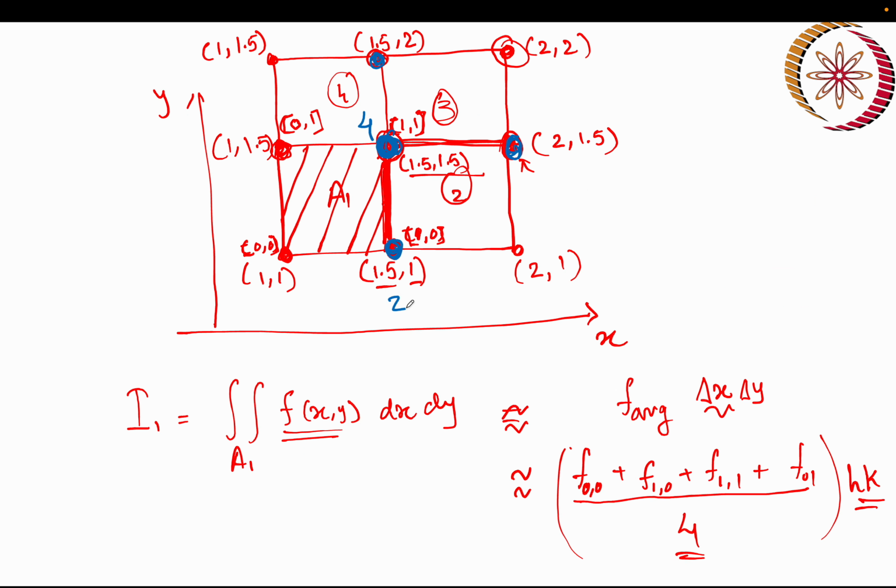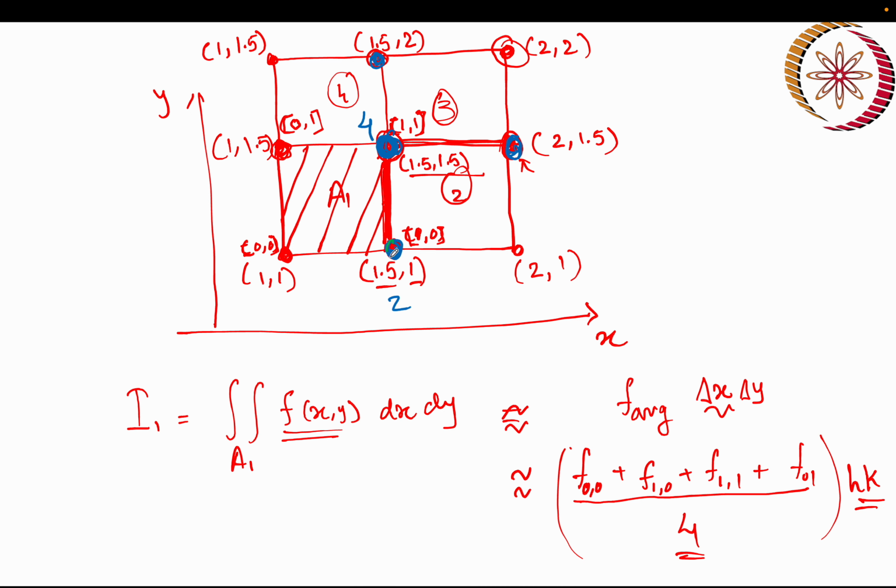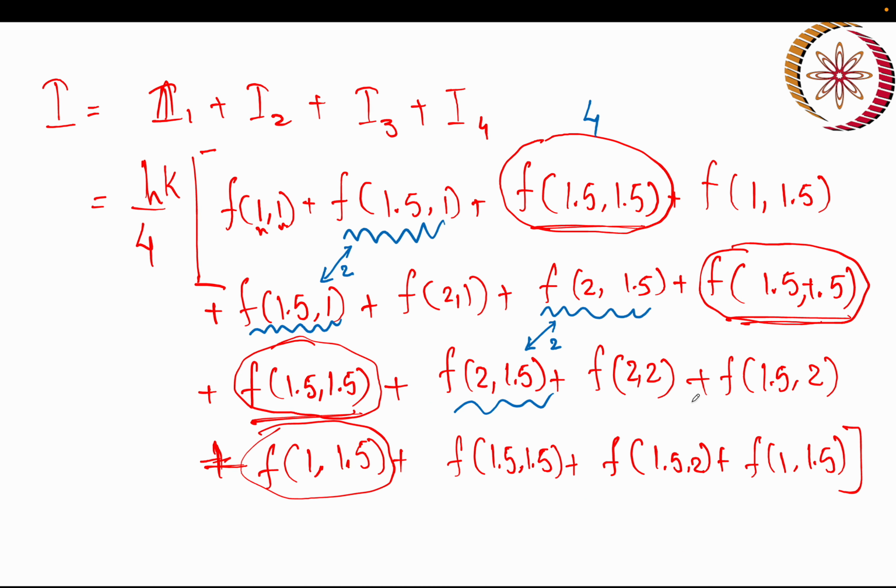We'll try another color. This is 2, this is 2, and this has also come twice, and similarly we'll see 1.1 comma 1.5. I think this one I did not mark.